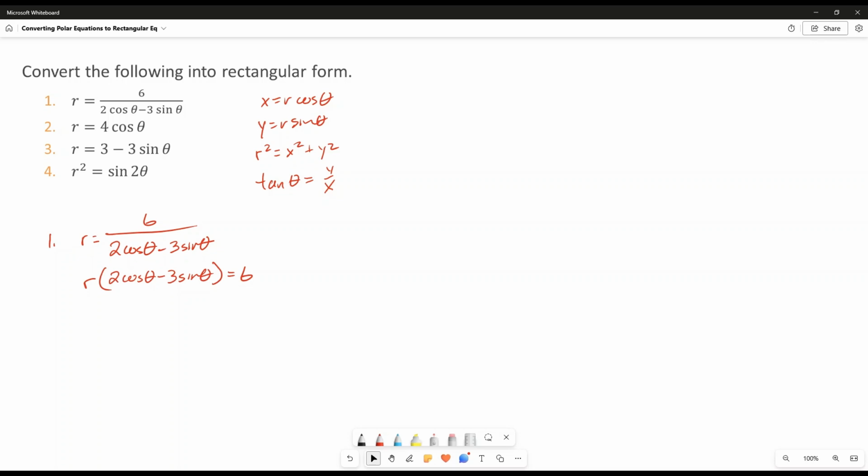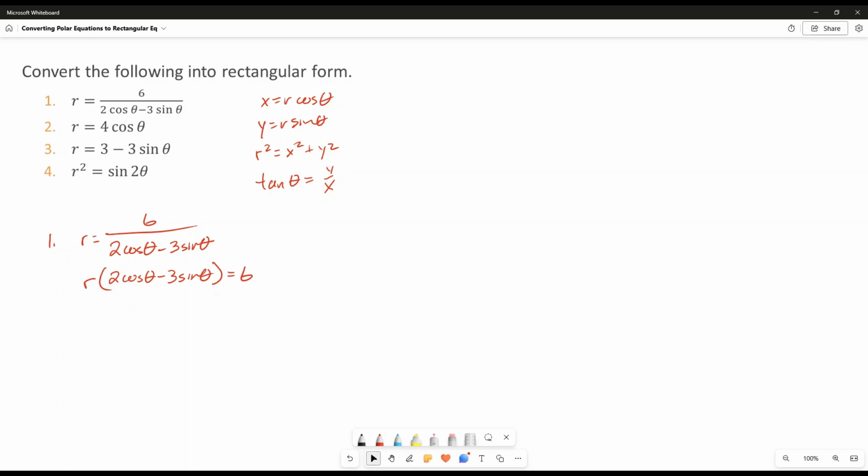We can go ahead and take the r and distribute it through the parentheses. And when you do that, remember multiplication is commutative and associative, so it doesn't matter the order that we multiply things. So when I take this r times 2 cosine of theta, I could write it as r times 2 cosine of theta, right? And that's what we're doing. But remember, the order of multiplication doesn't matter.